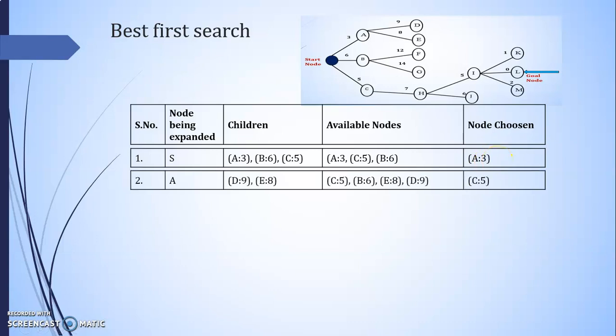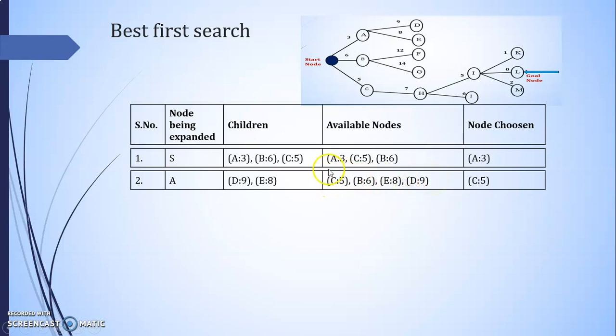Then start with node A, then again compare with the goal node. No, it is not the goal, and it is not empty. It has 2 successors, that is D and E. Okay, then put them into the available nodes and sort them according to their cost.